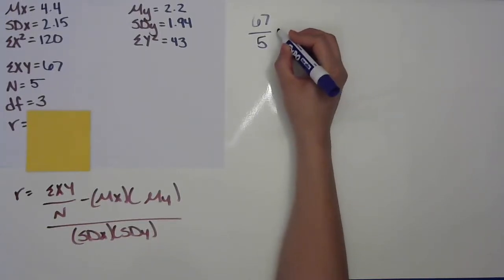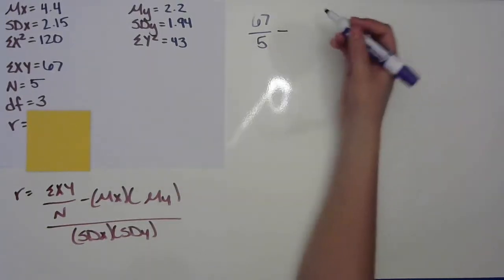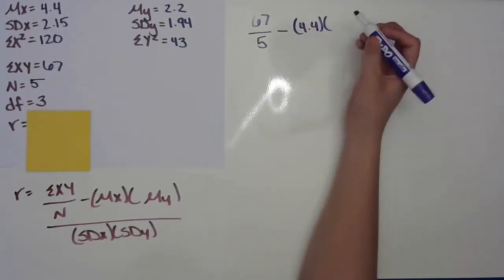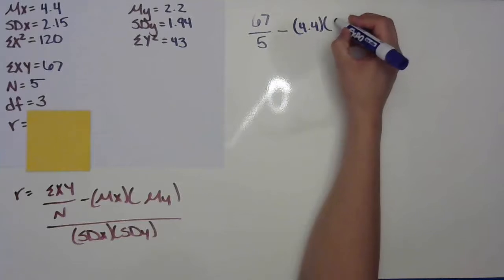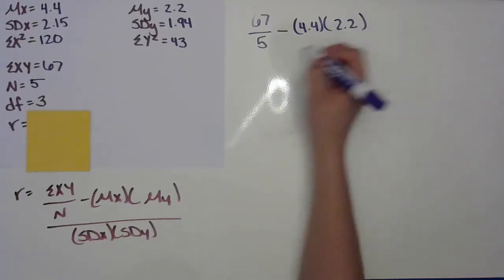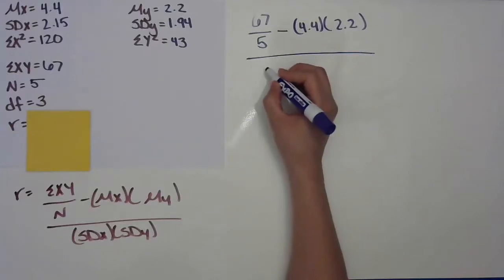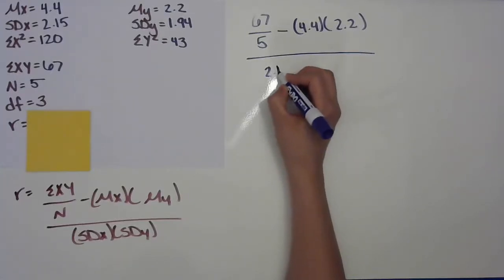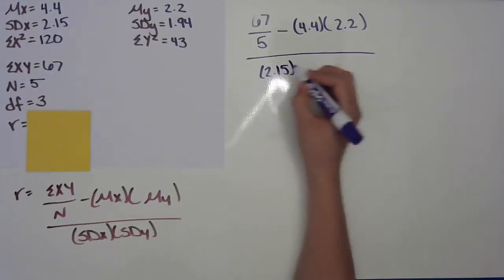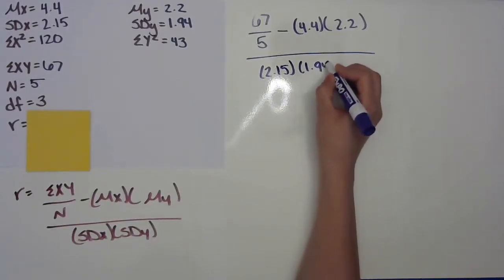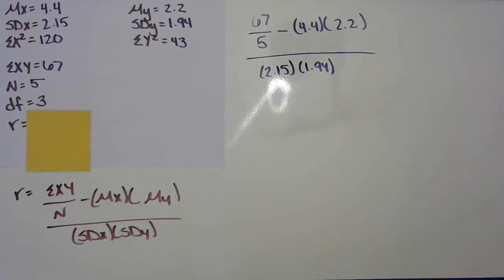We are going to subtract the mx value of 4.4 times my, which is 2.2. And then that is all going to go over the SDX, which is 2.15. And then SDY, which is 1.94. Okay, let's go ahead and get that solved.